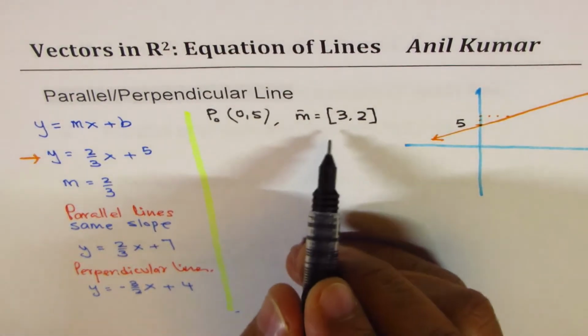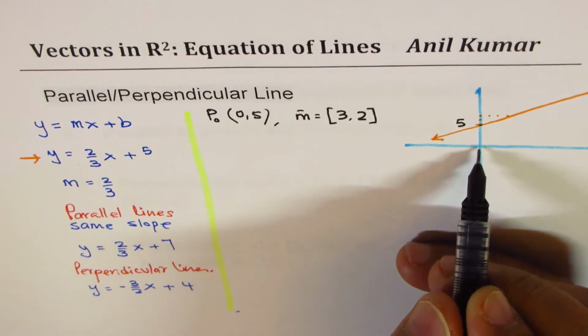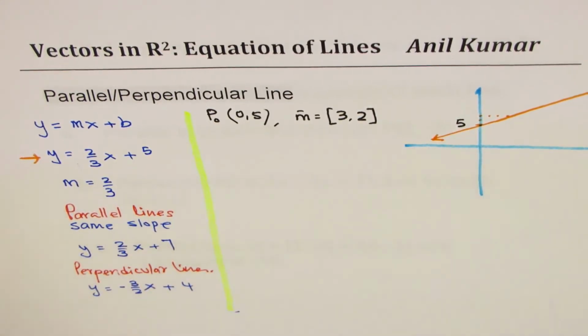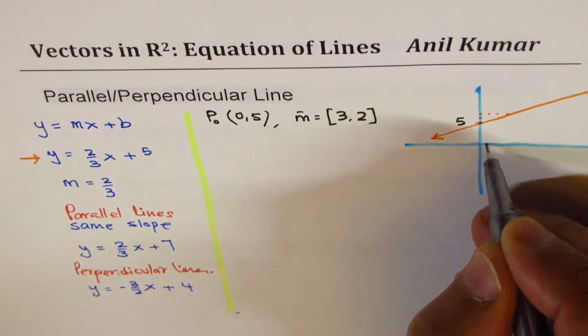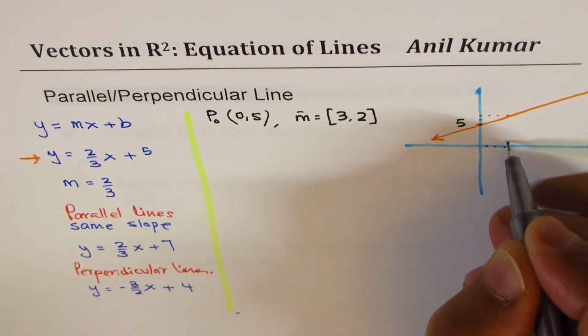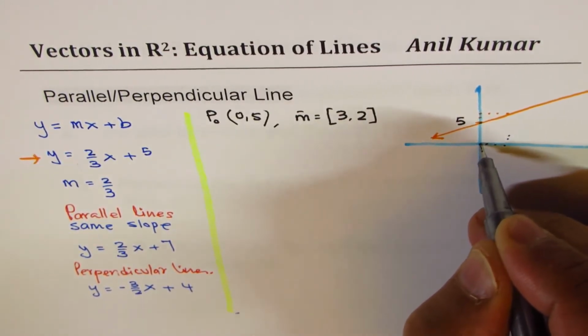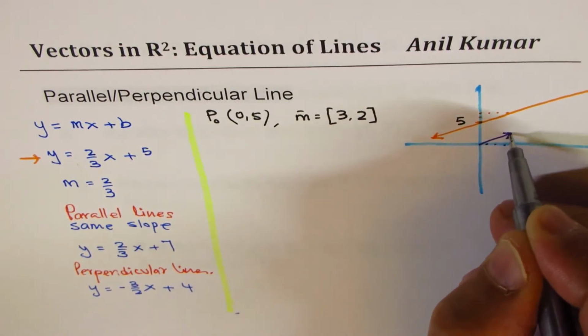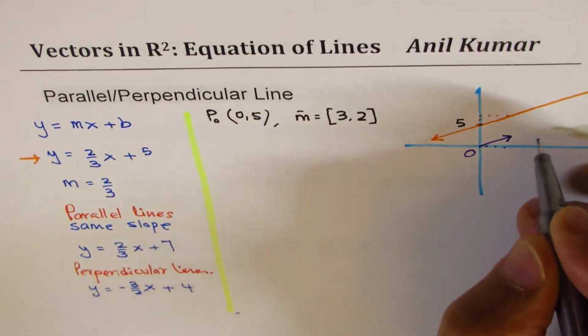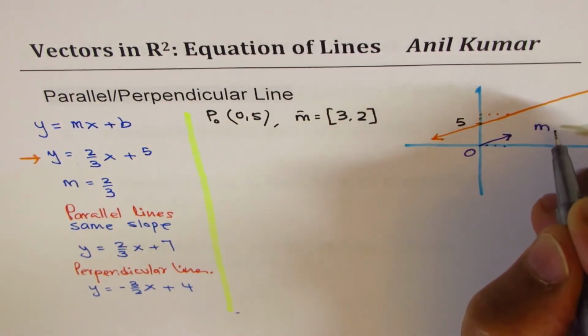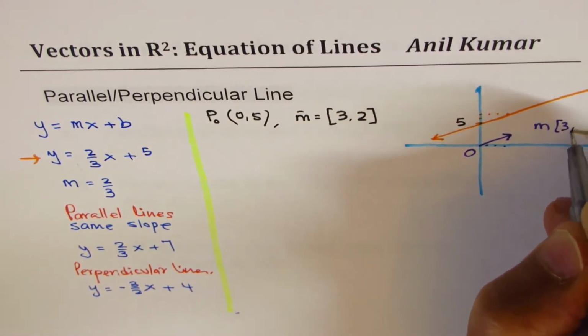Normally, we write this direction vector with reference to the origin. So let me sketch this direction here. We'll go 3 units in x, which is 1, 2, 3 from the origin, 2 up, 1, 2, and then draw this vector, correct? So this vector from the origin O represents the direction of this line, which is (3, 2).